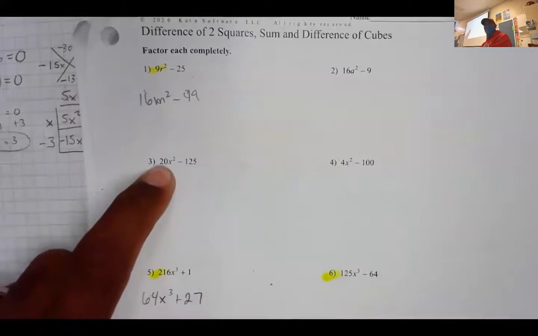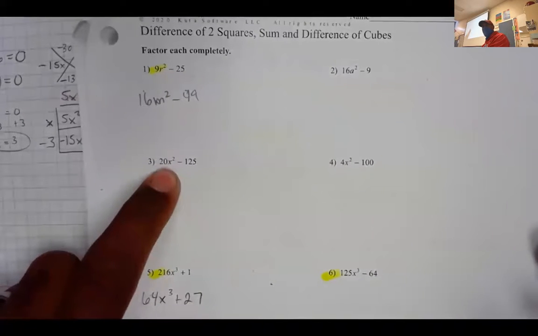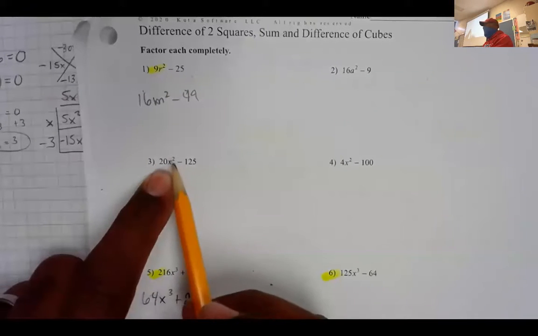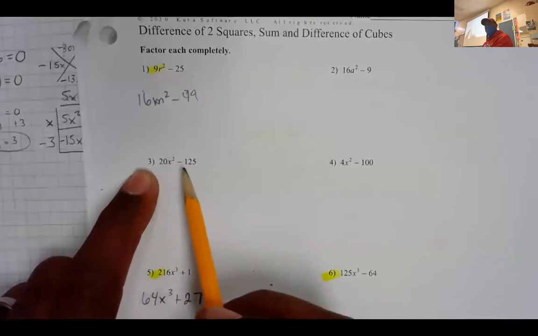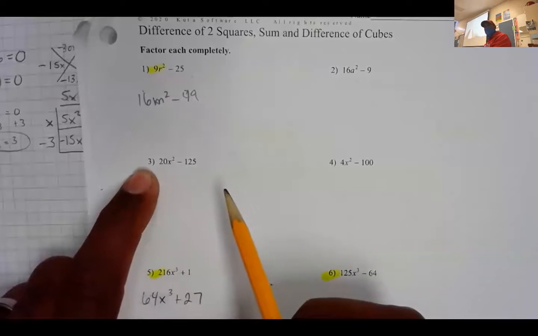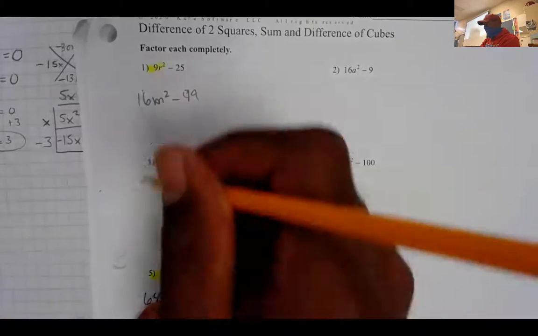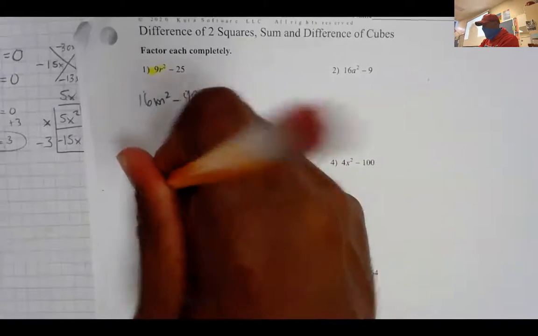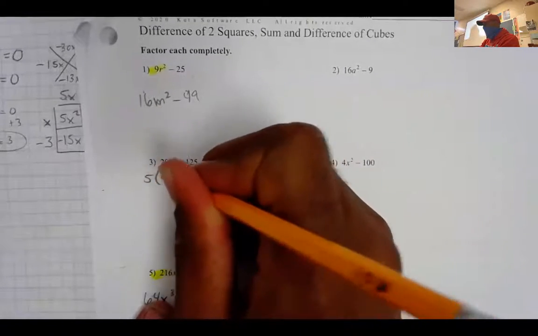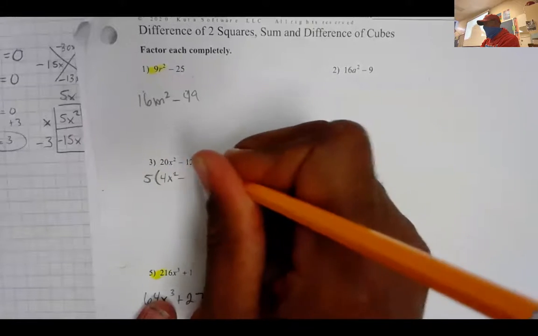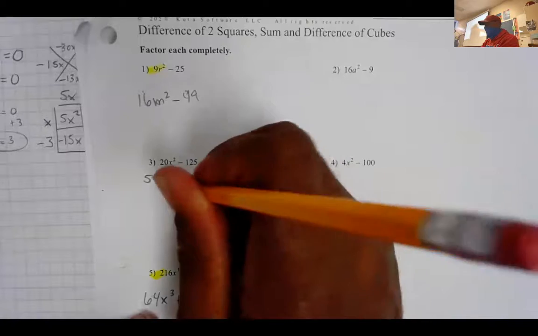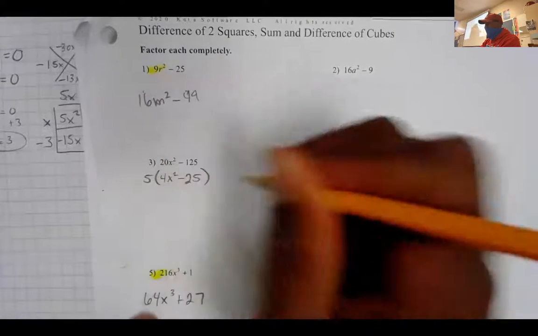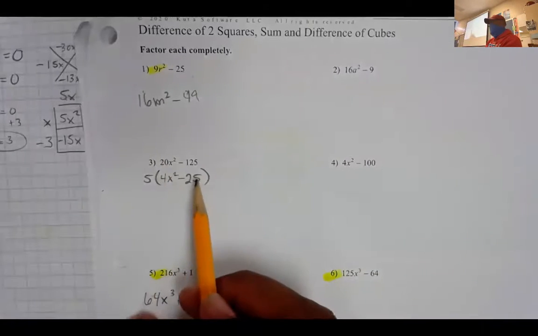That one also is probably going to end up being the same thing, but I want to factor out a common factor first. So the common factor between these two numbers would be 5. If I factor out 5, then I get 4x squared minus 5, since 125 divided by 5 is 25. And now you can see I've got those perfect squares.